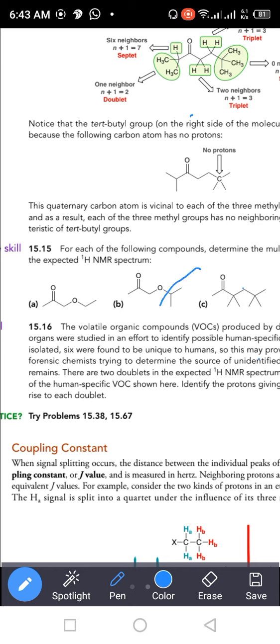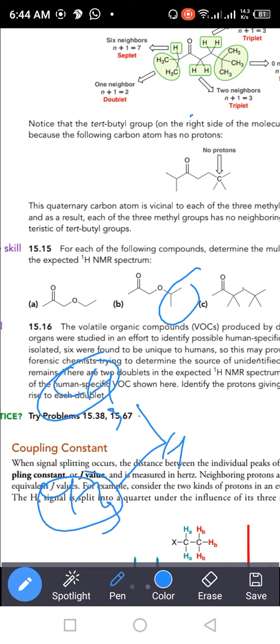This is the isopropyl group. Isopropyl means 6 protons. The isopropyl group is represented just like that. So these 6 protons having 1 neighbor means there will be a doublet for these 6 protons.